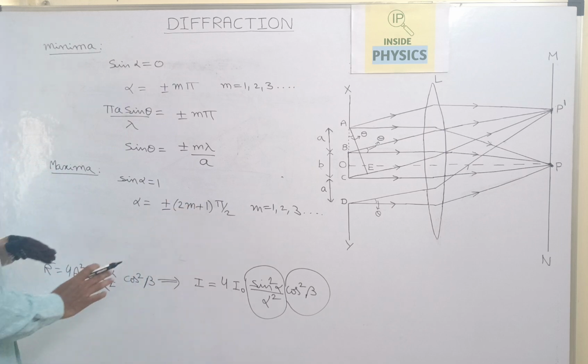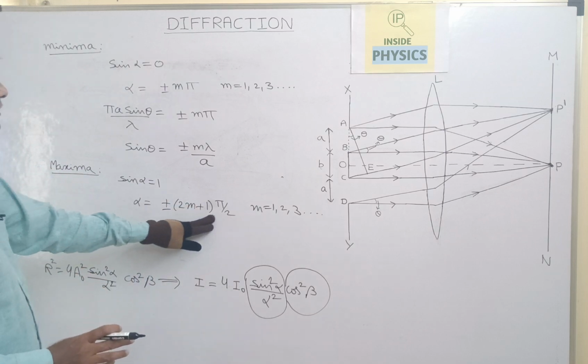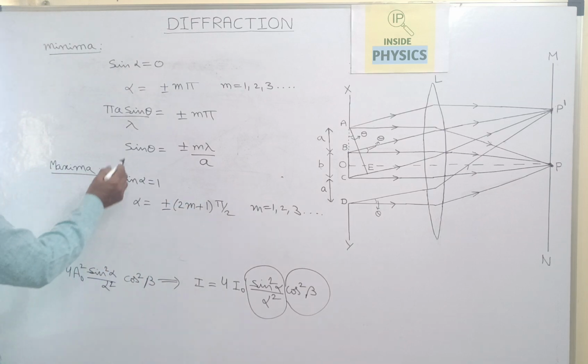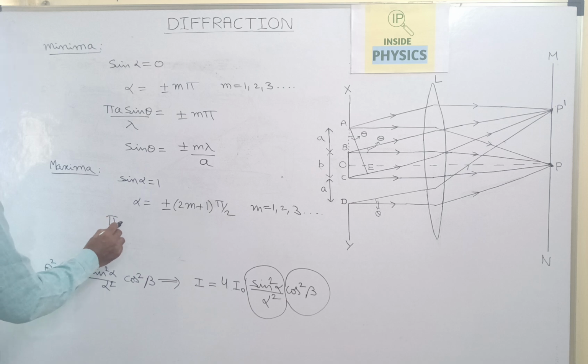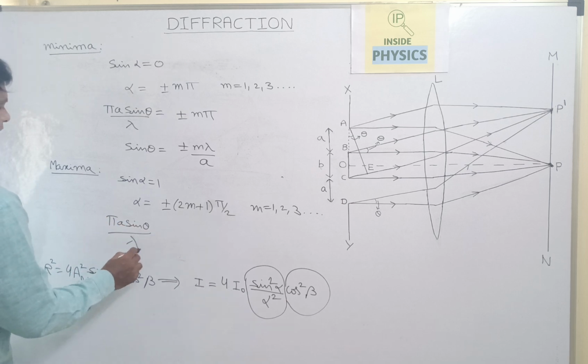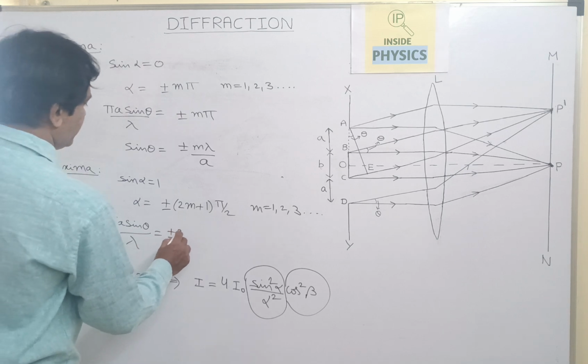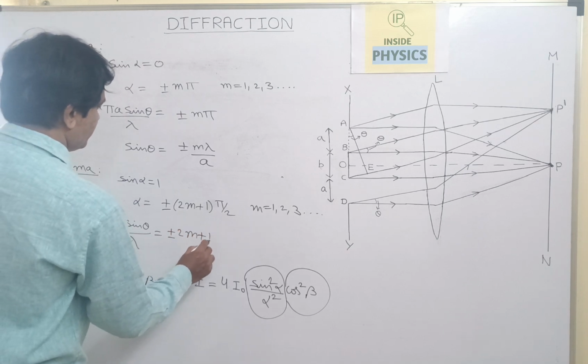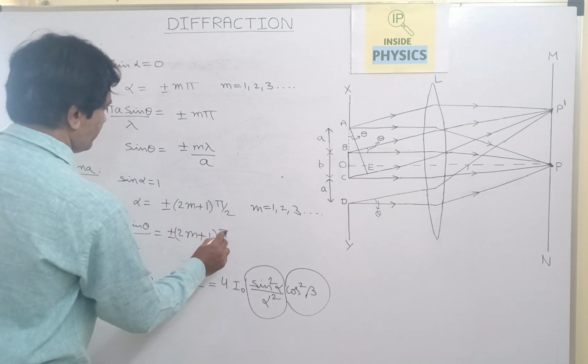So here the alpha value is given in this way, and what is alpha? We already know, pi a sine theta by lambda is equal to plus or minus (2m plus 1) into pi by 2.